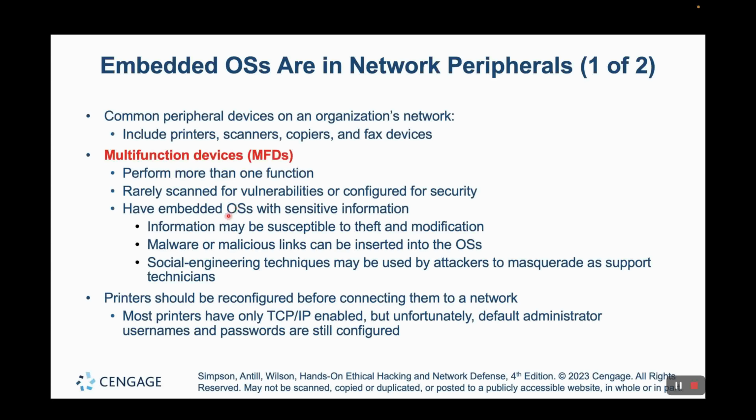The problem here is that these devices often run on embedded operating systems that store sensitive data, making them attractive targets for both local and remote attackers. Their embedded nature often means they are not regularly scanned for vulnerabilities or appropriately configured for security. As a result, they are susceptible to a range of exploits.